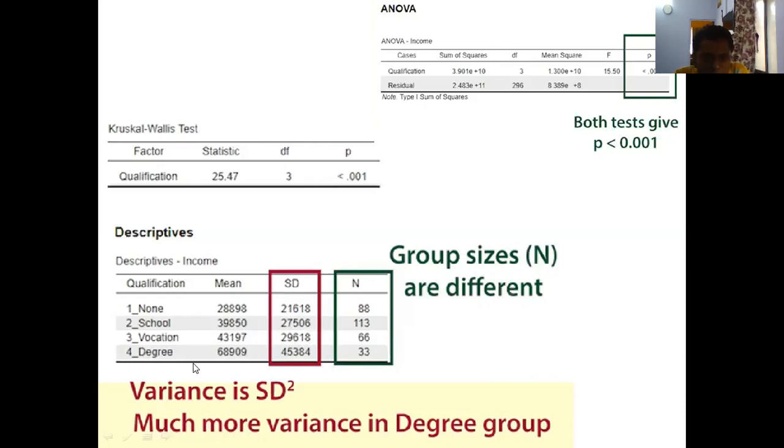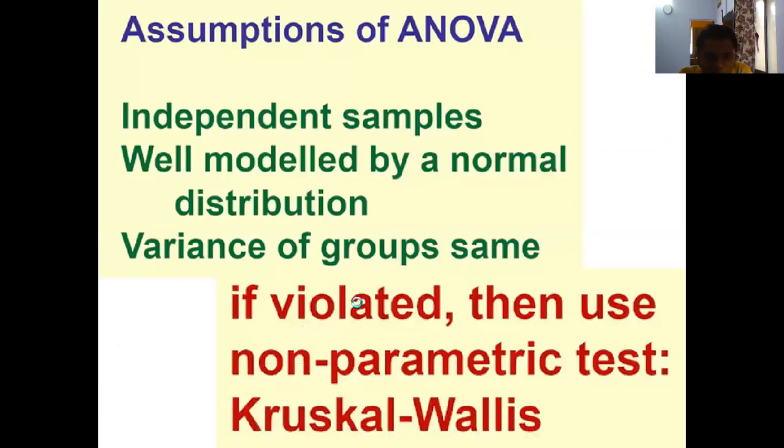But in the degree case, the variation is more. If this type of condition arises, then it is not a very wise decision to implement ANOVA.